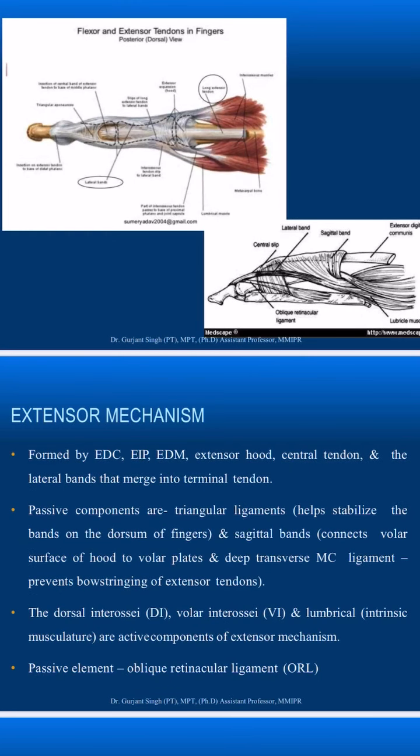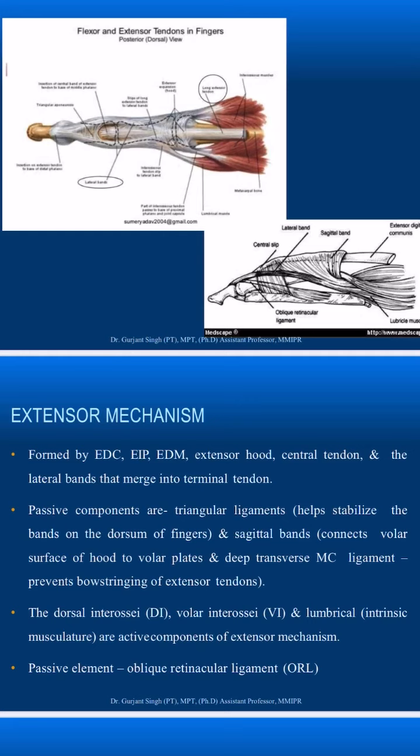Understanding the extensor mechanism influence on interphalangeal joint function. The proximal interphalangeal joint and distal interphalangeal joint are joined by active and passive forces in such a way that their movements are interdependent on each other. If there is extension at the proximal interphalangeal joint, then there will be extension at the distal interphalangeal joint also.